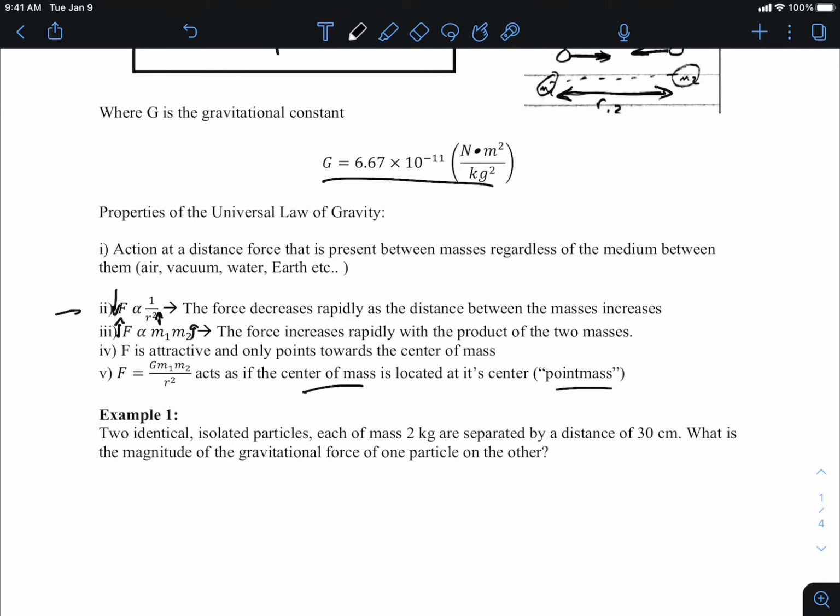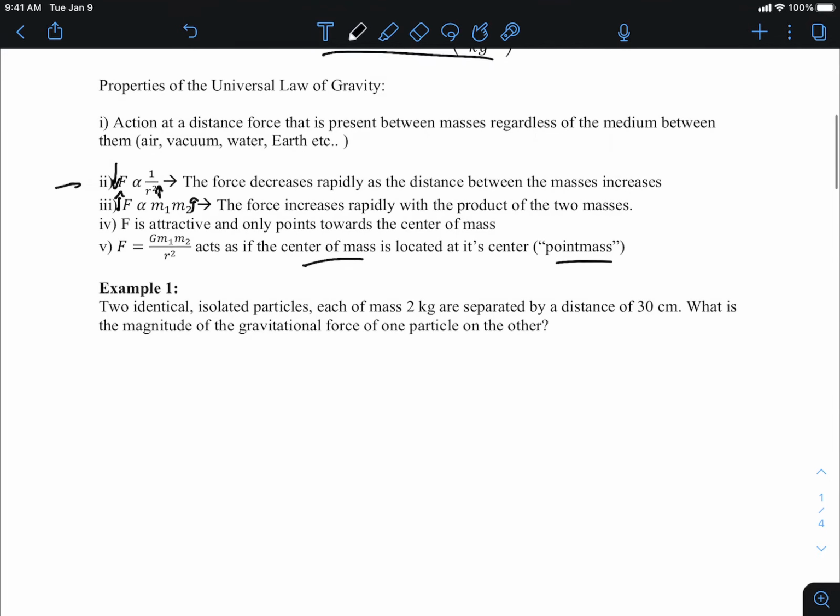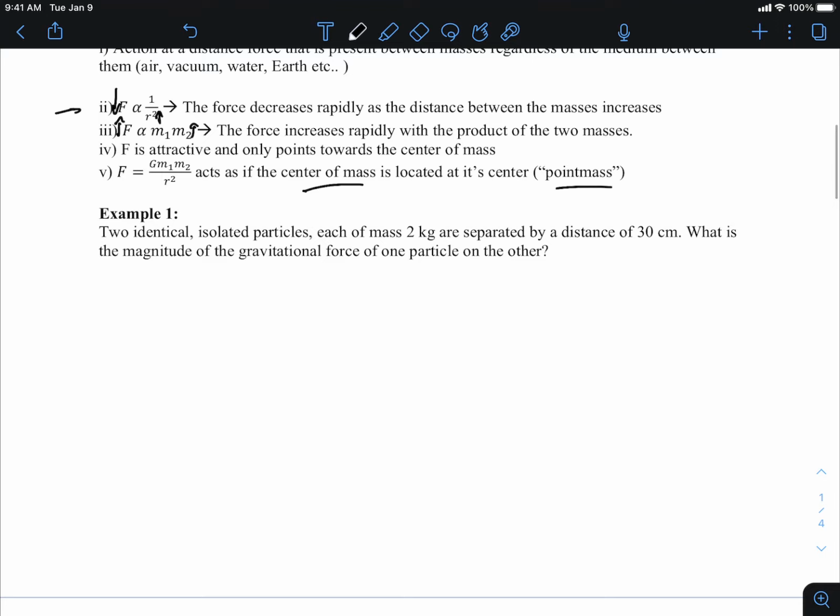So for example, we'll have a look at the first example here. We have two identical isolated particles, and we want to ultimately find the gravitational force of one particle on the other. You can draw a picture if you'd like.